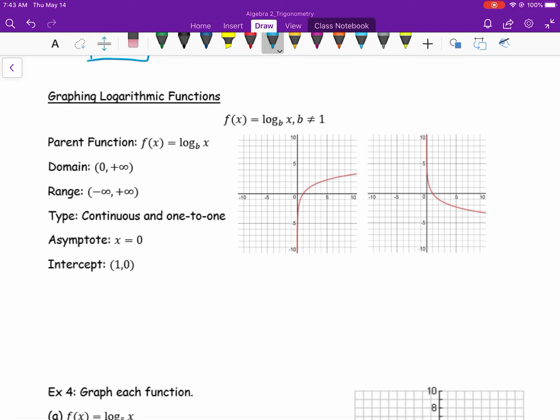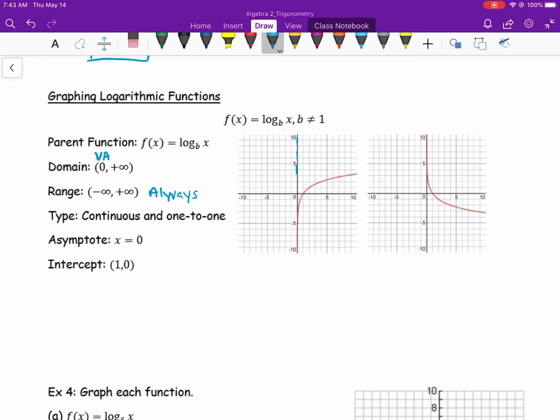Alright, so graphing logs. Okay, so these are the inverses of exponential functions. So my range will always be all real numbers, and my domain will be whatever my vertical asymptote is to one of the infinities.